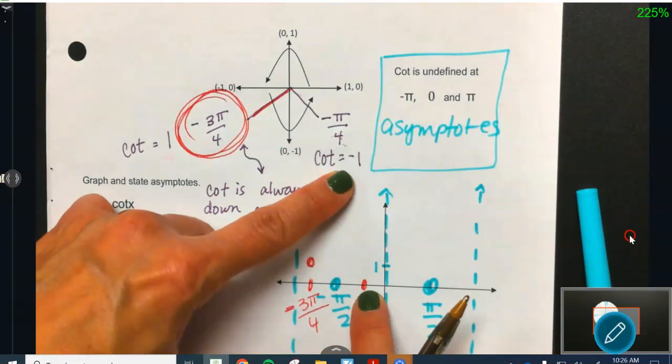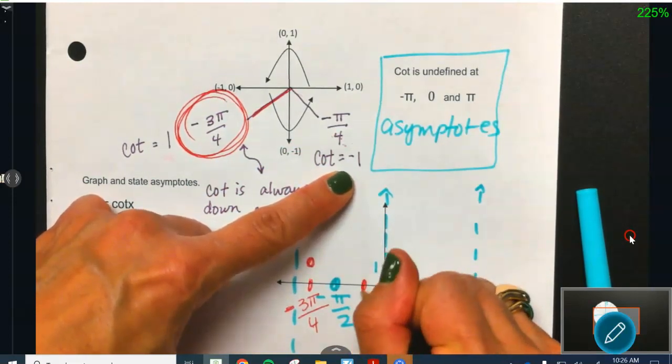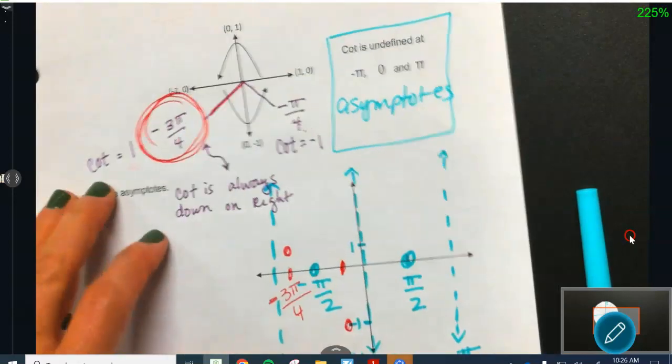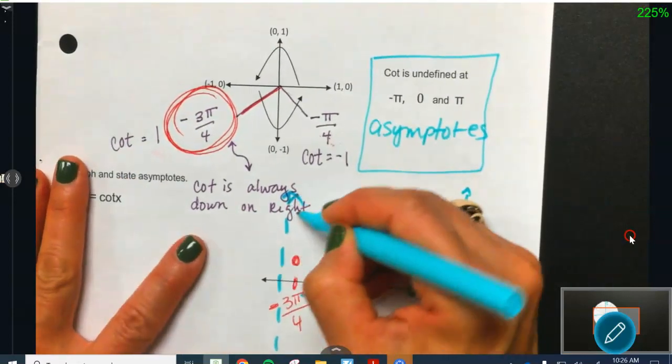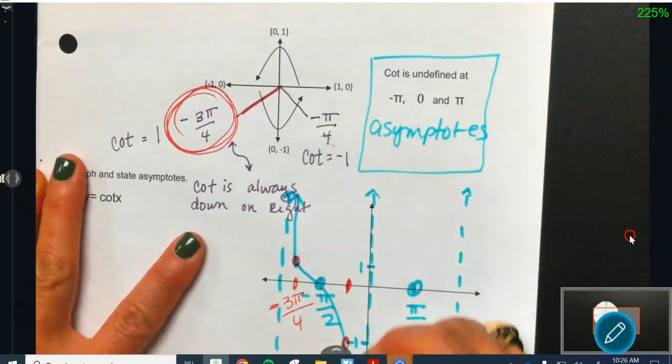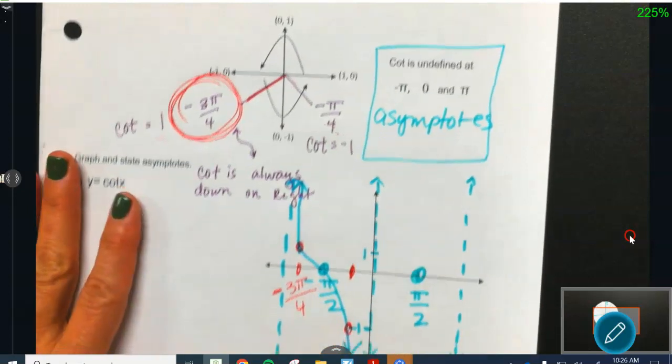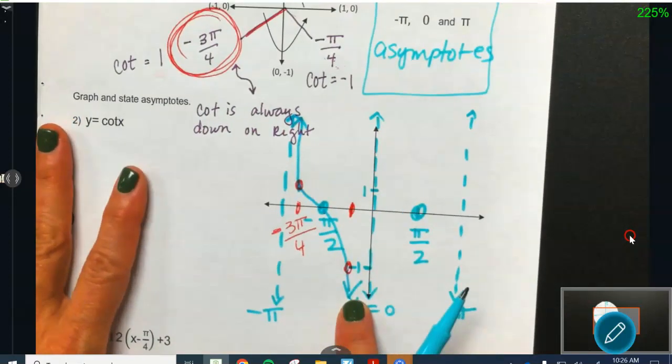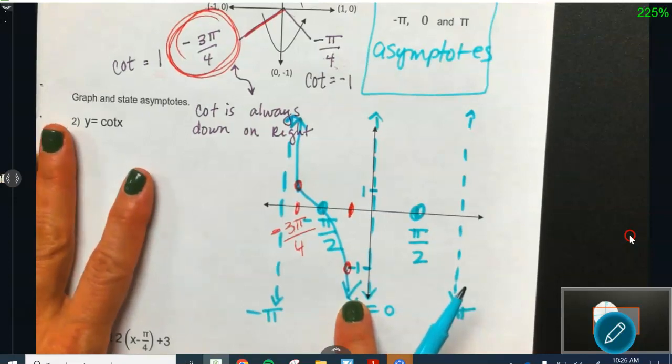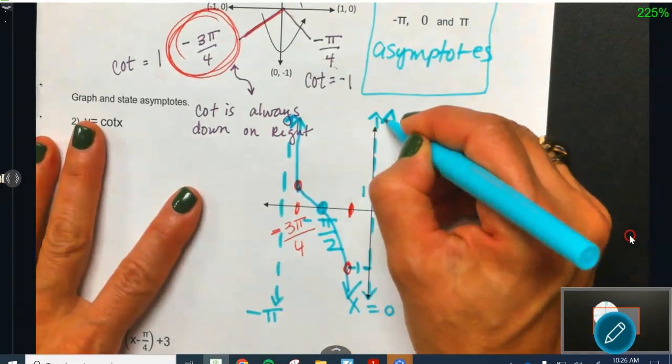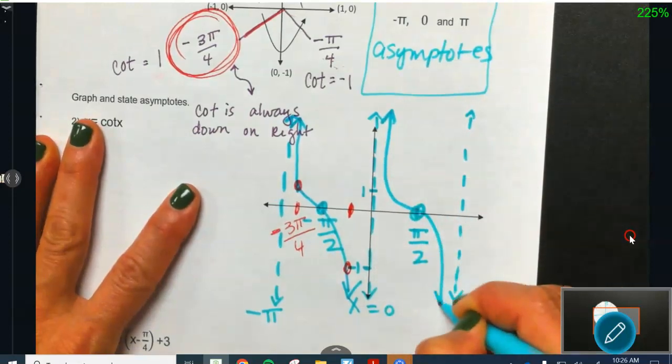Negative 1, because the x and y coordinates are opposite signs. That is why this graph is down on the right, because it got shifted over. So look, guys, the other side looks like this.